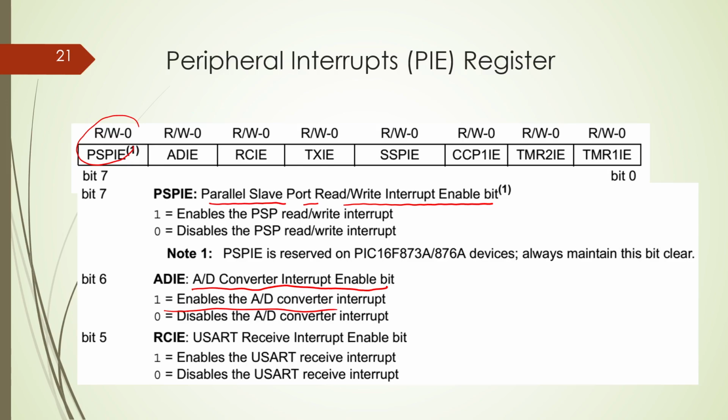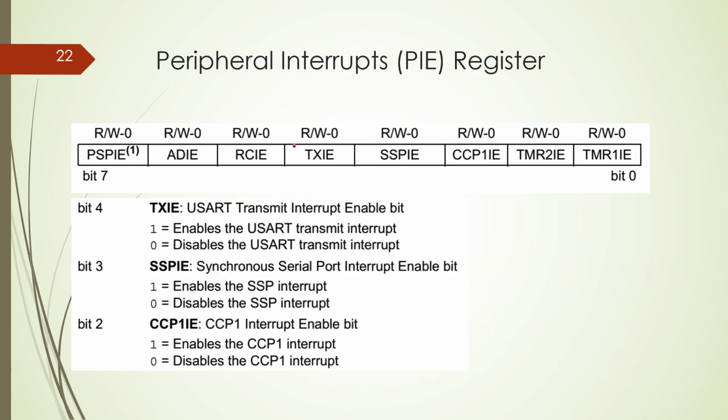The processor will process it. And then RCIE, which is the USART receive interrupt enable bit. And then the rest is TXIE, the USART transmit interrupt enable bit. We are not really going into detail on any of this part. What we usually cover is whatever is being taught in your lab session and also in the class.